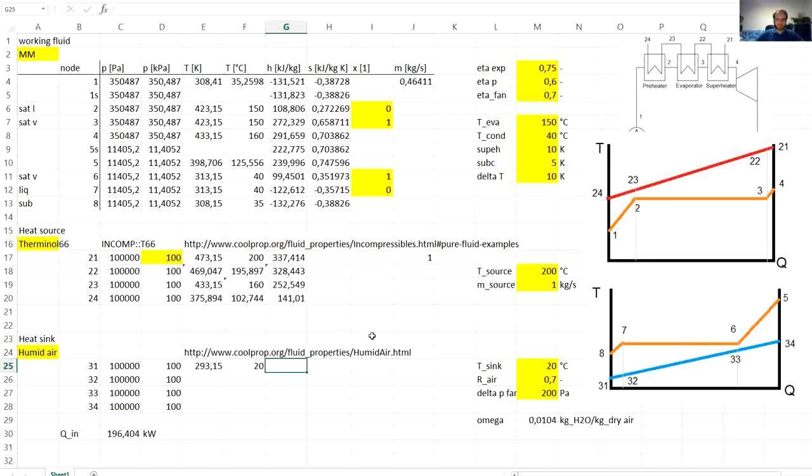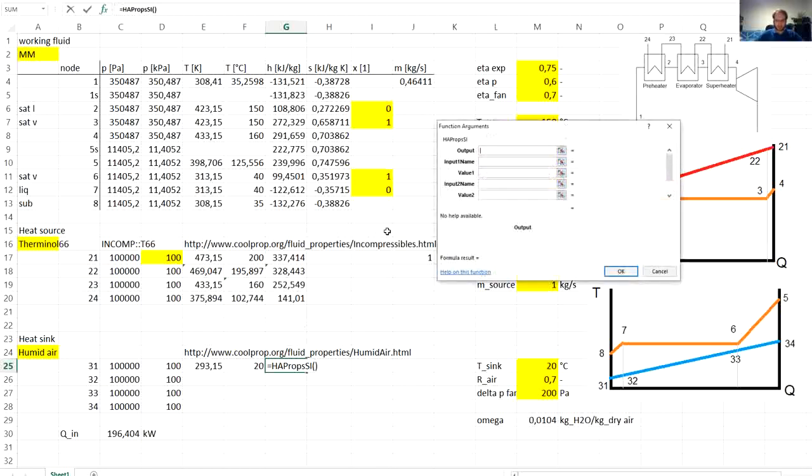The enthalpy will again be the function HAPropsSI, humid air properties, where we want to get enthalpy based on pressure, temperature, and humidity over here. And let's lock it.